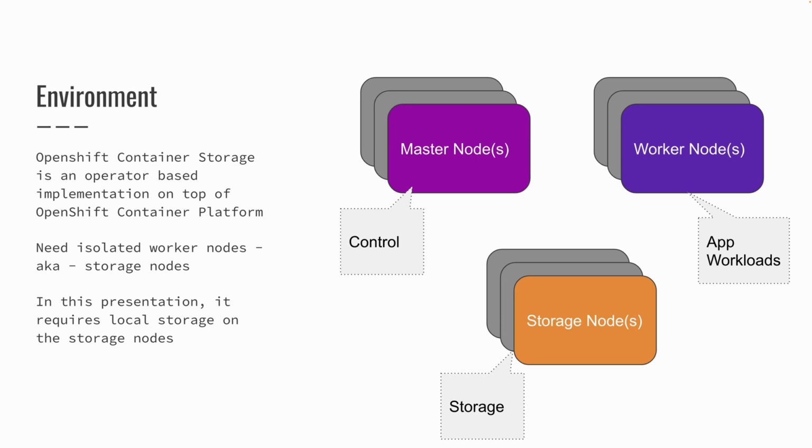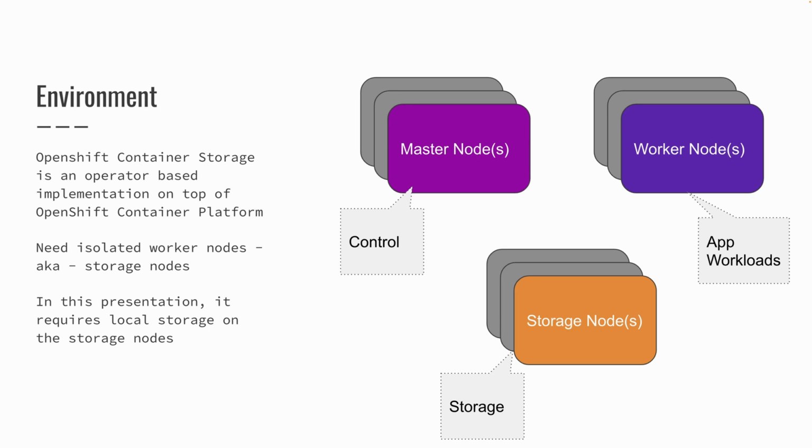When you deploy OpenShift Container Platform on those environments, you can create the storage separately. And generally, there will be a storage class associated with that particular storage. And that storage class can be used to deploy OpenShift Container Storage directly.